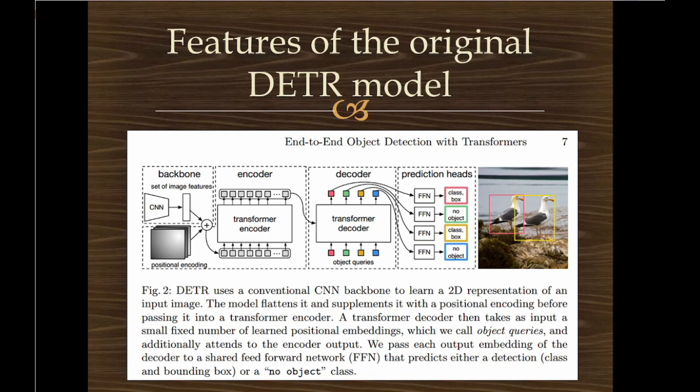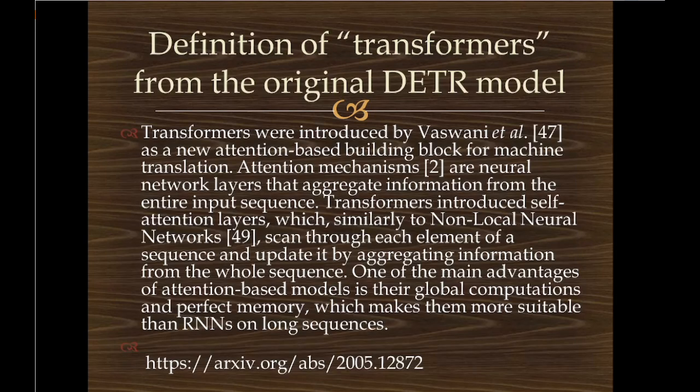A transformer decoder then takes as input a small fixed number of learned positional embeddings, which we call object queries, and additionally attends to the encoder output. Then they pass each output embedding of the decoder to a shared feed-forward network that predicts either a detection, class, and bounding box, or a no object class.